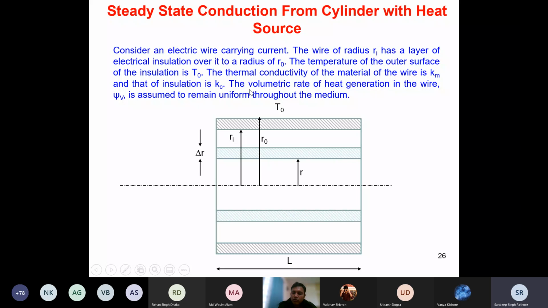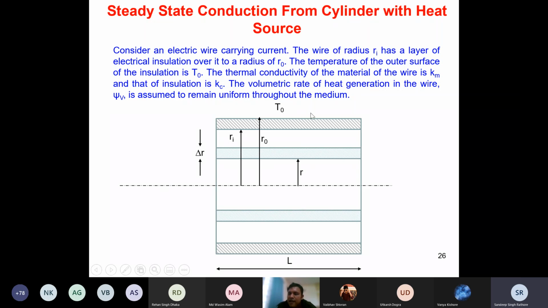We also looked at a composite cylinder in which one part is generating heat, whereas the other part is not. The example we have seen is current flowing through a metal wire. The metal wire is going to generate the heat, but the insulation applied over the metal wire will not generate heat.